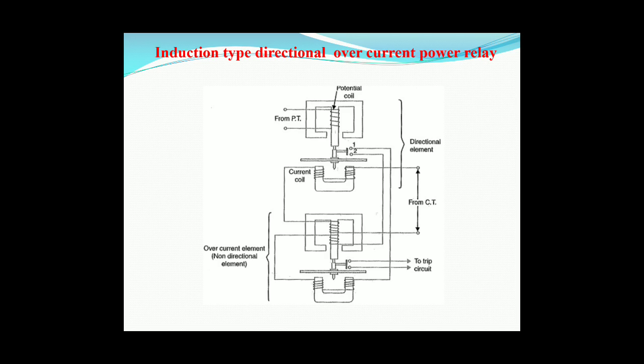In the induction type directional relay we are checking only the direction, and in the induction type directional overcurrent power relay, we are checking the direction and also overcurrents. Then the relay will be operated. This is the basic construction, working and operation of directional overcurrent relays. Okay, thank you.